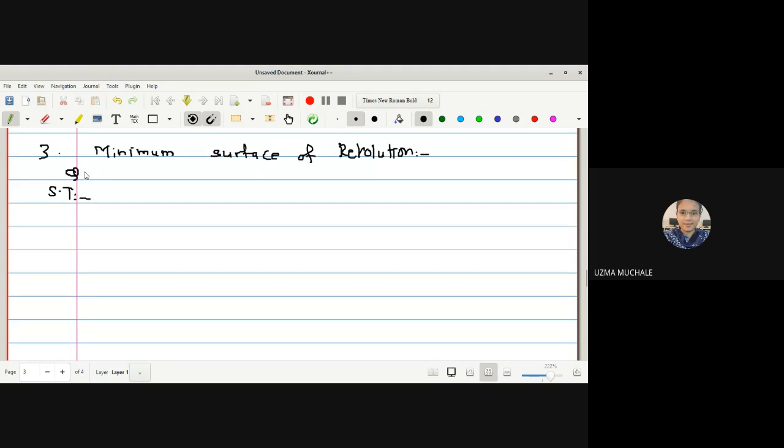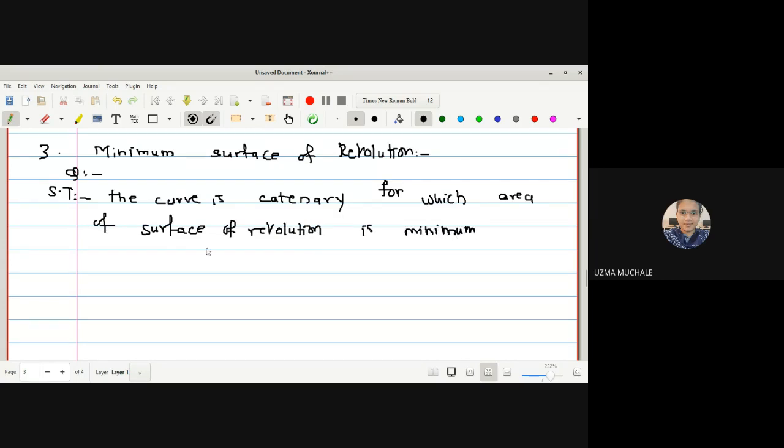The question may be like this: show that the curve is a catenary for which the area of surface of revolution is minimum when revolved about the y-axis. Okay? Or we can give the heading for this as minimum surface of revolution.